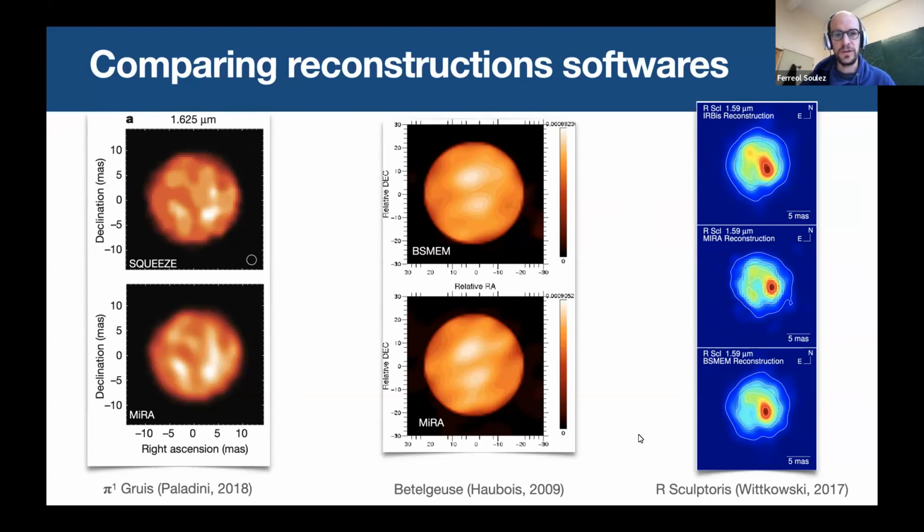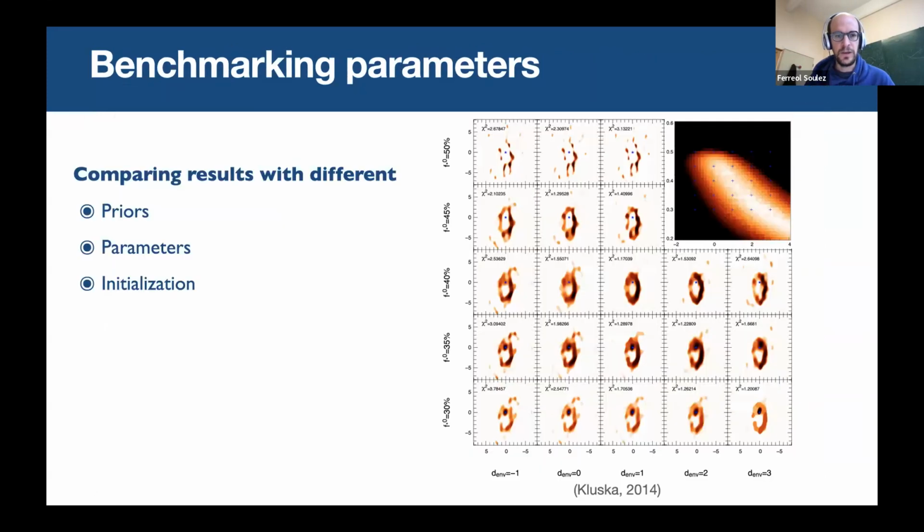So the idea behind OImaging is to make the user's life simpler by providing a single interface with more or less the same parameters for all software. Another thing you want to compare when doing image reconstruction, even with a single software, is different priors, changed parameters, and the result depending on the initialization image, as was done by Jacques Lusca in this paper.